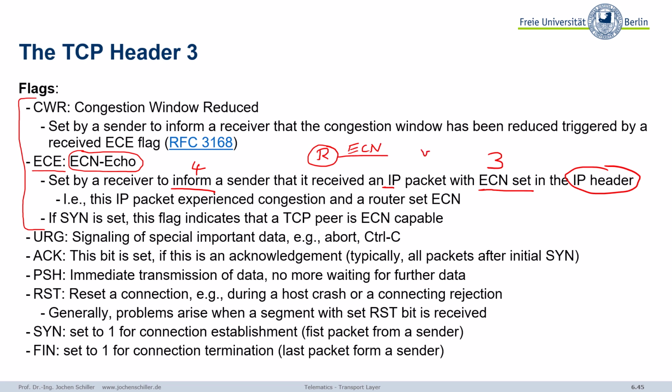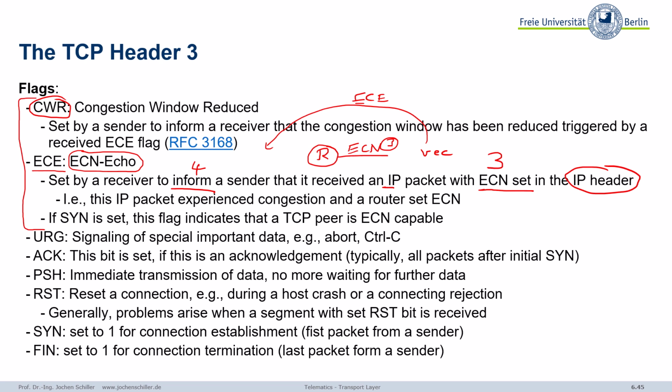The receiver reads this layer 3 information and then returns to the sender this ECN echo, sets this flag. And the sender itself can then answer with CWR, congestion window reduced, meaning that I reduced my congestion window, another window, as you will learn, as the response for this set ECE flag.